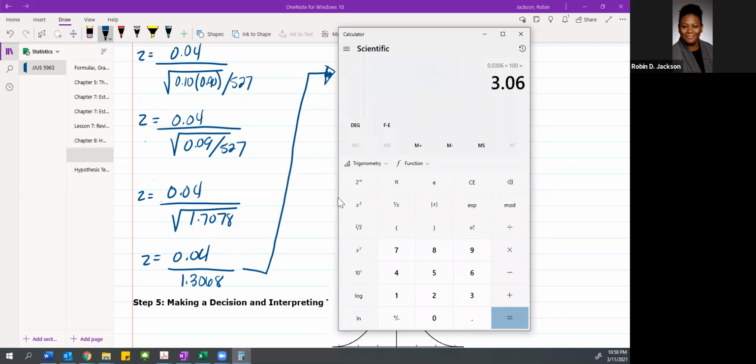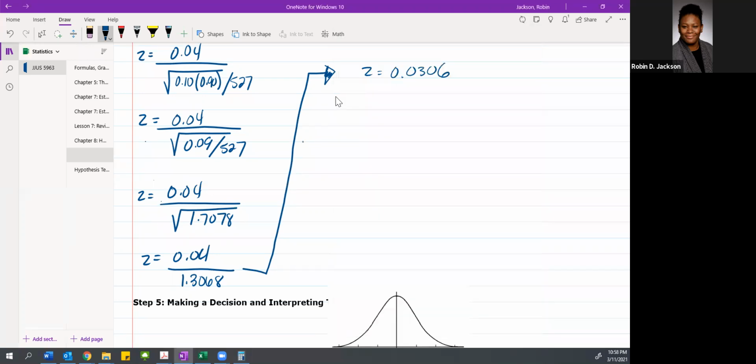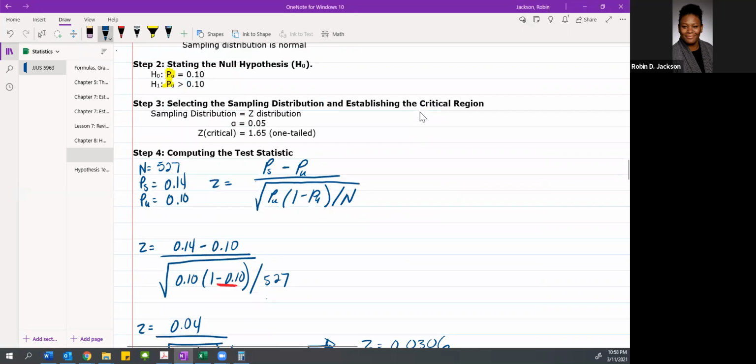Most of these problems with the percentages, they don't always do that. But this one, the people who came up with this question in the book did that. So I just wanted to make sure you saw that in case you're one of my folks who's already done some of the questions at the back of the book. So then our Z becomes 3.06.